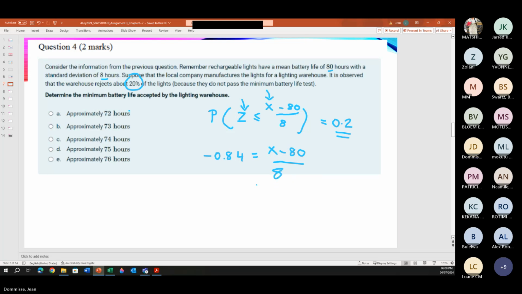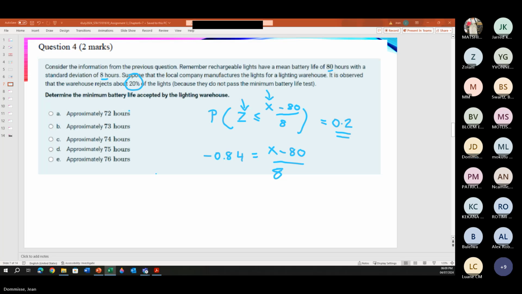So now a bit of normal algebra that we need to do. To get rid of the 8, we're going to multiply on both sides. So it is equal to minus 0.84 times 8.